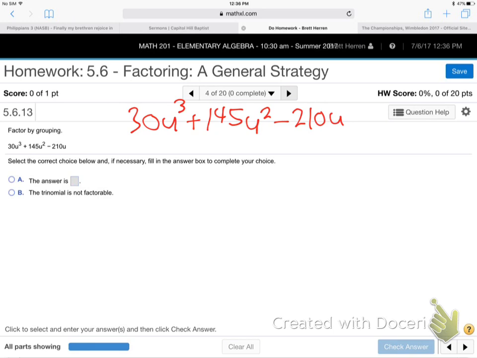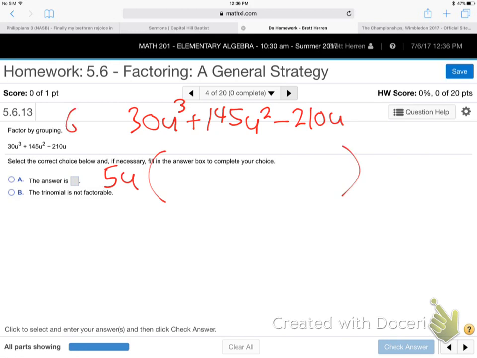GCF, first question, GCF, is there something in common? Yeah, for sure, 5. Looks like 5 goes into all those because they all end with zeros. And maybe even, they all got a u, right? So 5u.